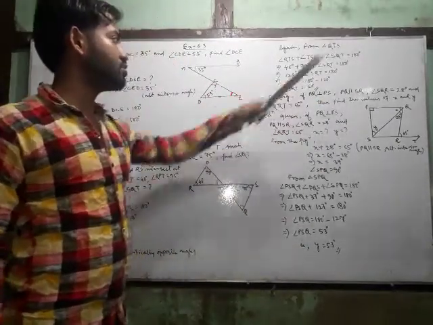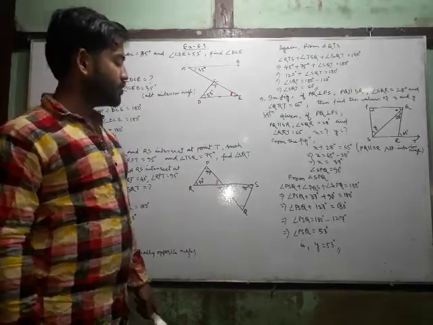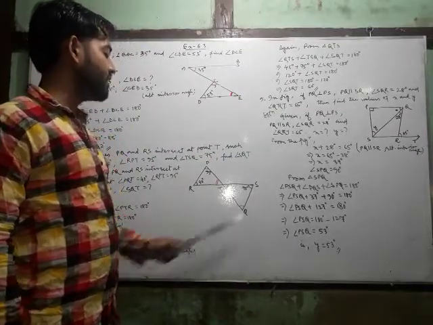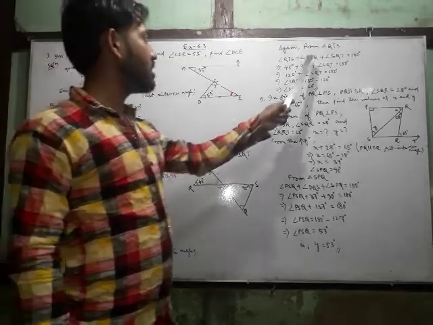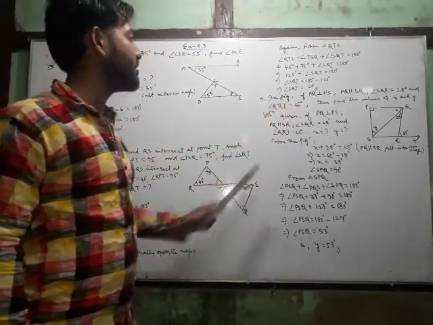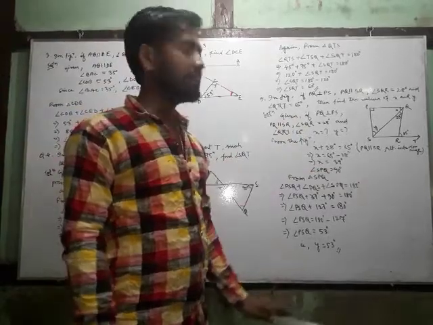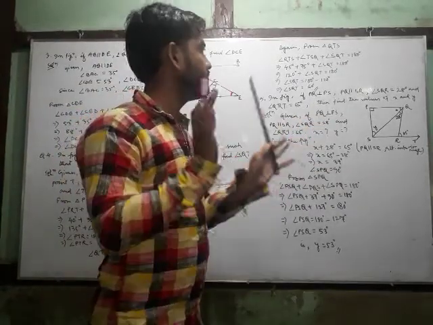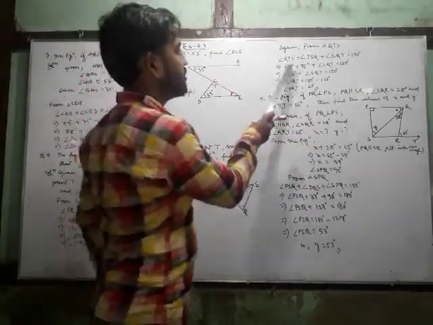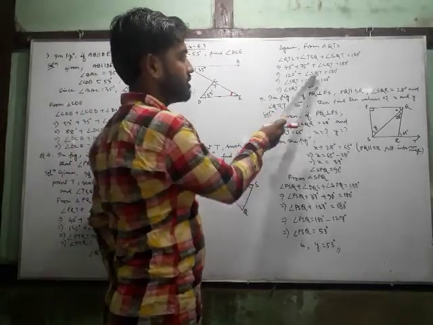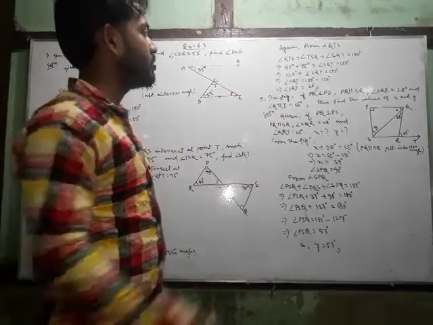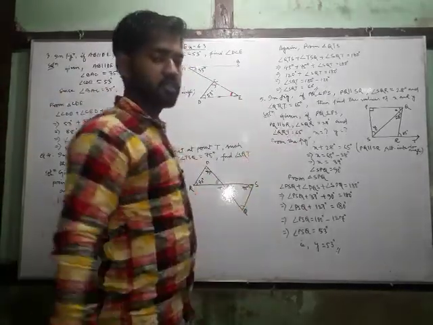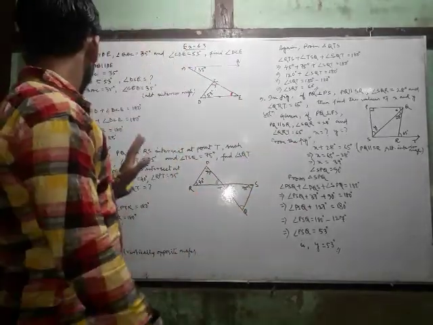Out of these three angles we have two: QTS, which we already found to be 45 degrees, and TSQ is 75 degrees. Now SQT is our requirement. The sum of these two is 120 degrees, so 120 plus SQT equals 180, and on transposing, we get the final result, 60 degrees. Now this one is over, question number 4.